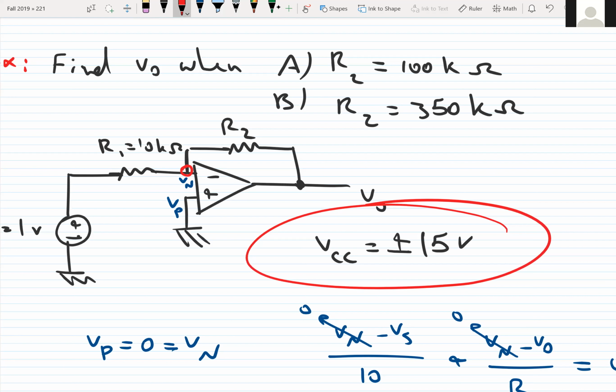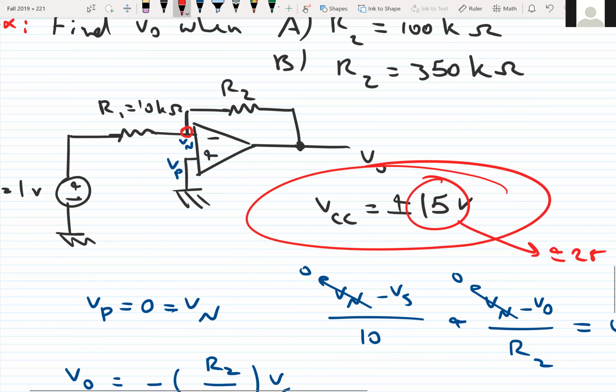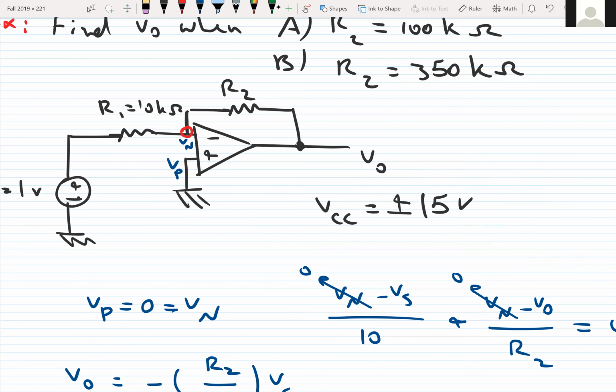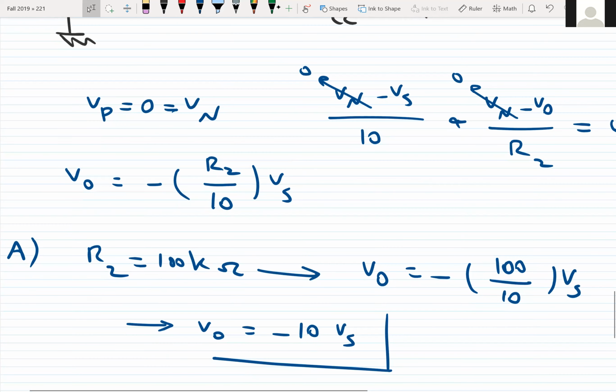If we go beyond plus or minus 15 volts, so if this 15 was plus or minus 25, the answer would be negative 25. If this was plus or minus 50, in that case the answer was negative 35, because we are still in the range. Is it clear? Very good. I see that you got the point.